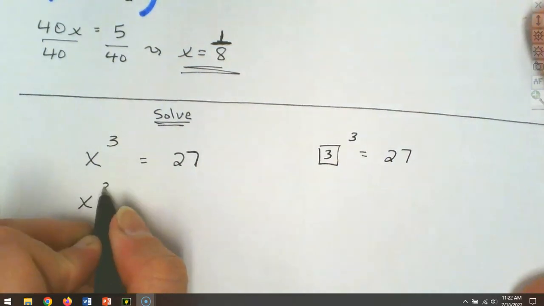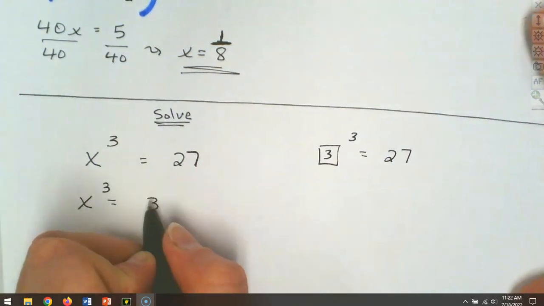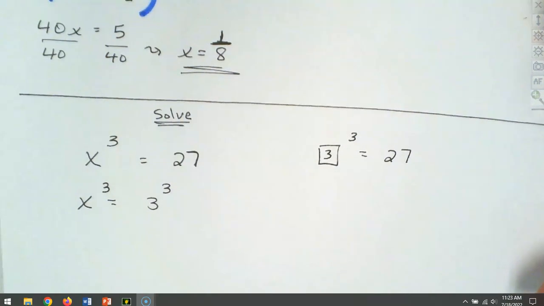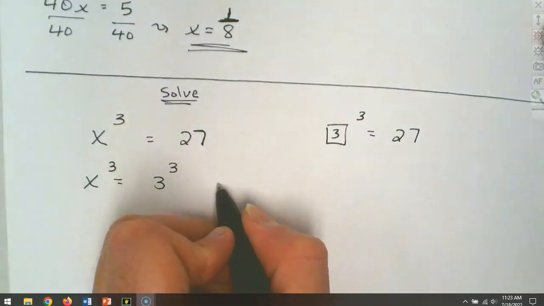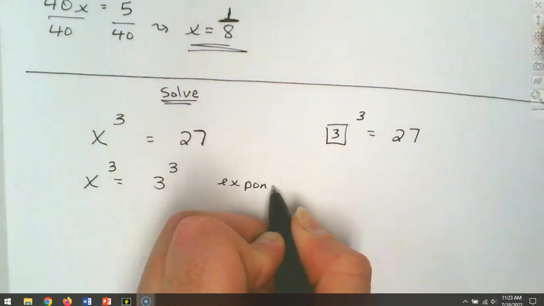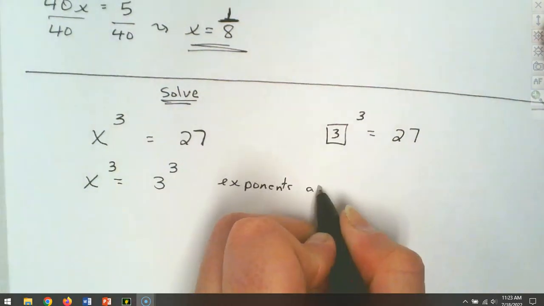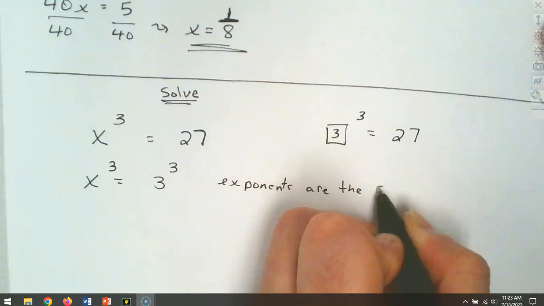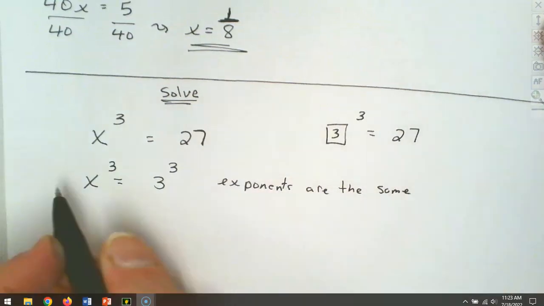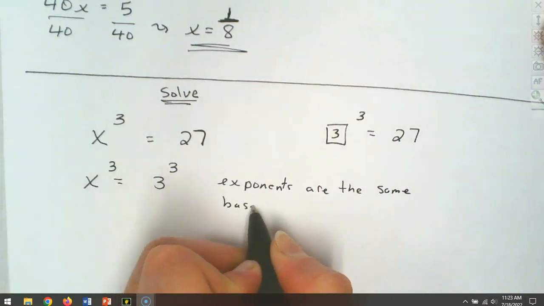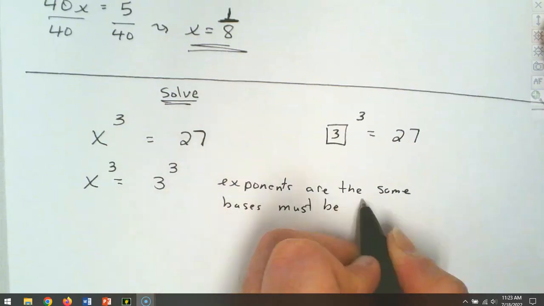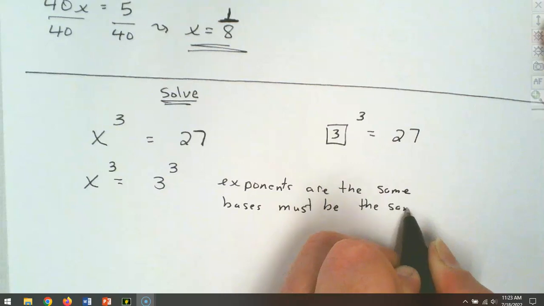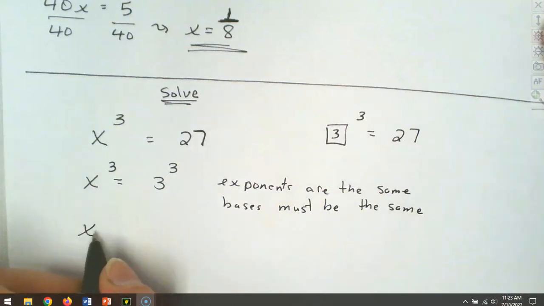Now when I rewrite these, what do we now know? Now we know that the exponents are the same. So then the bases must be the same. So that means then that x must equal what? 3.